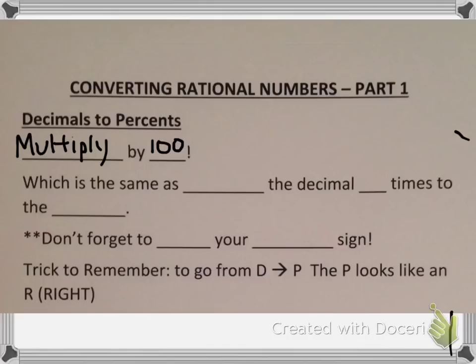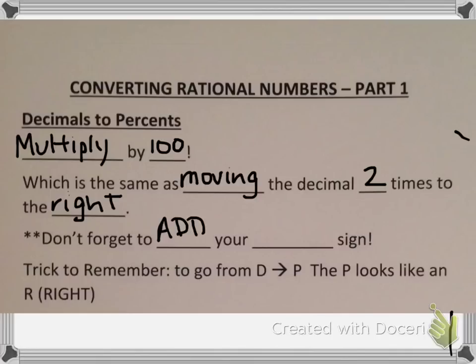Multiplying by 100 is the same as moving the decimal 2 times to the right. And lastly, don't forget to add your percent sign.